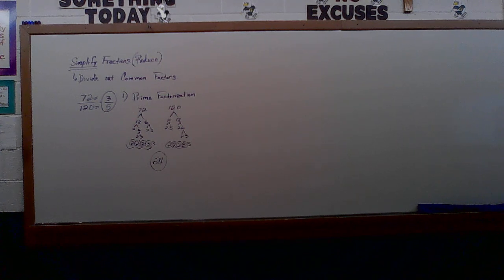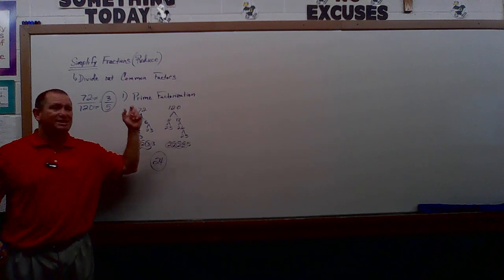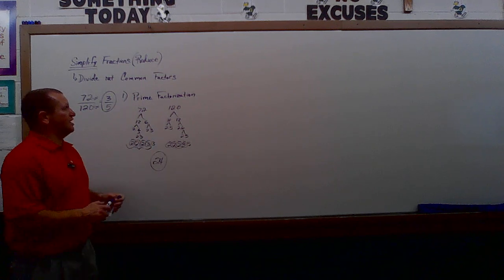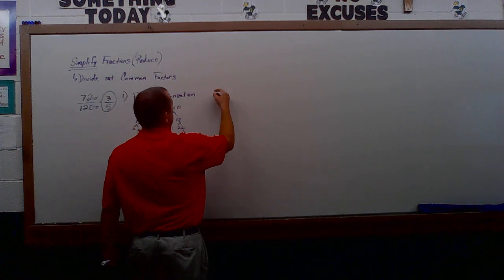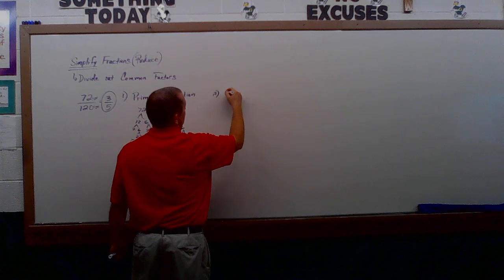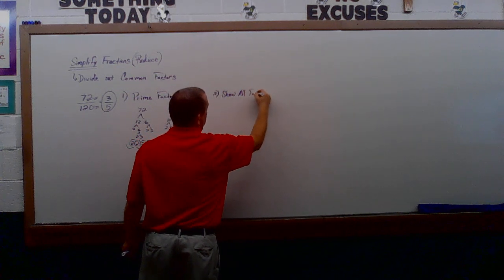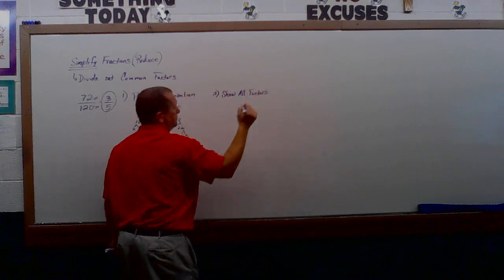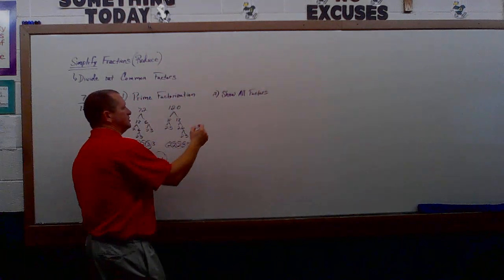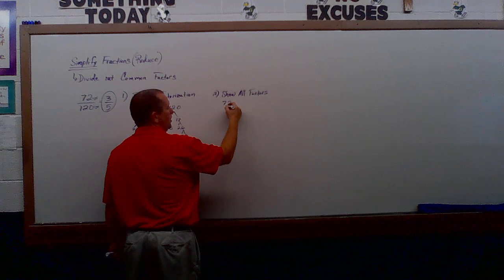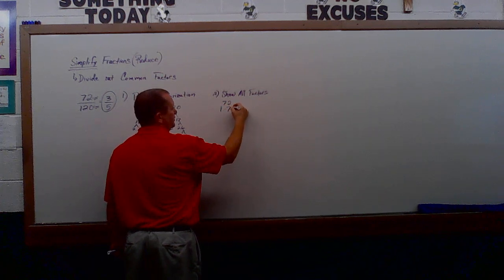Okay? So, I can use prime factorization every single time. What's another way that I could do it? Number 2, I could just show all my factors. So again, showing all my factors for 72, I'm going to start, and some of the ladies figured this out yesterday.